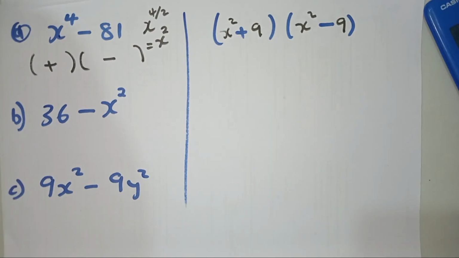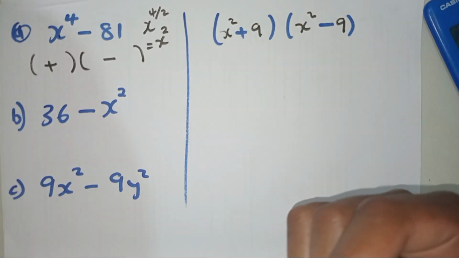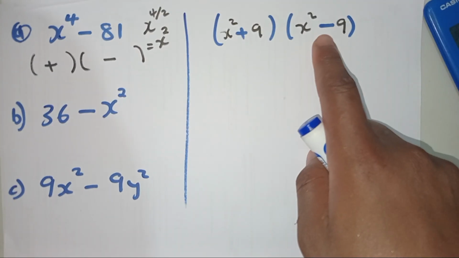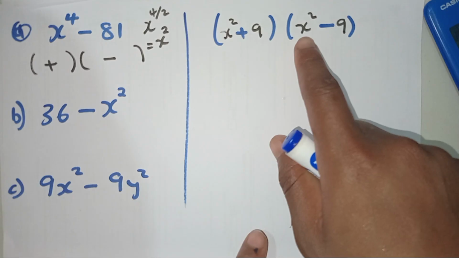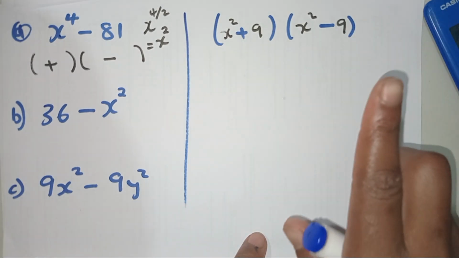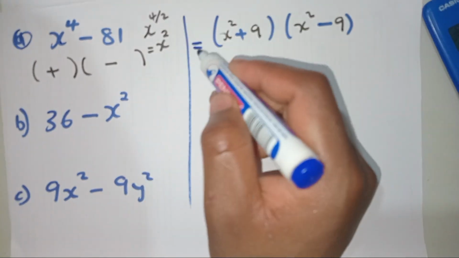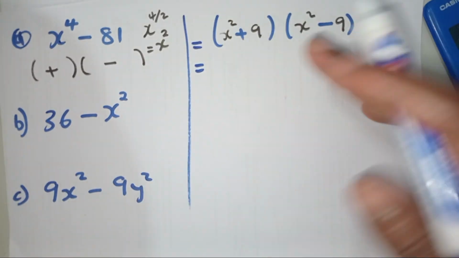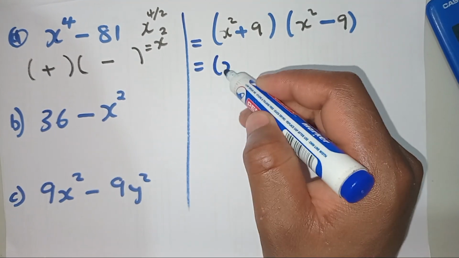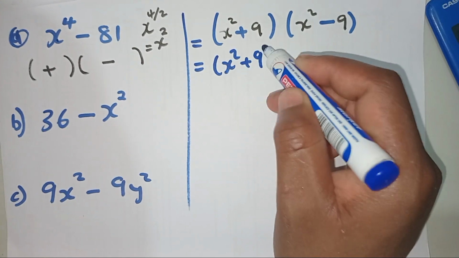But the thing is, if they say factorize completely, we can see that this one is not completely factorized, because we still have the difference of two squares inside this bracket. Meaning that we are going to do the very same procedure to this one. This one is not the difference of two squares. Why is this one not the difference of two squares?